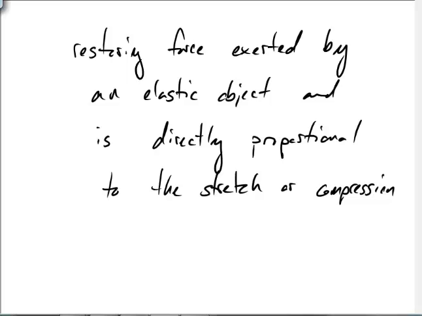So I changed one major thing. Instead of spring, I used the word elastic. In this chapter we seem to be using the word spring, but this also applies to any elastic object. Correct. An elastic object is something that returns to its original shape, and a spring would qualify. What other elastic objects might there be?